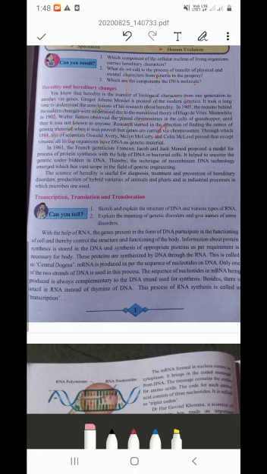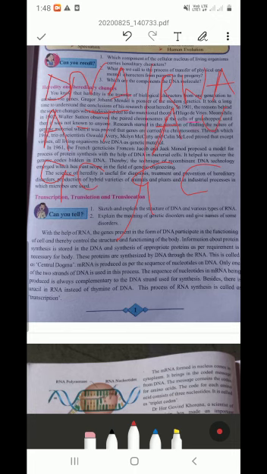Now, nitrogenous bases in DNA and nitrogenous bases in RNA. The nitrogenous bases in DNA are adenine, thymine, guanine, and cytosine. Adenine pairs with thymine, guanine pairs with cytosine. Those of RNA are adenine, uracil, guanine, and cytosine.